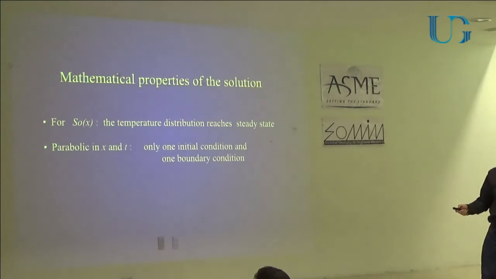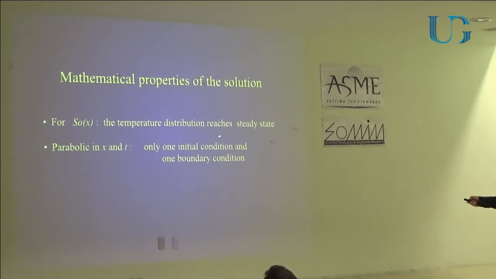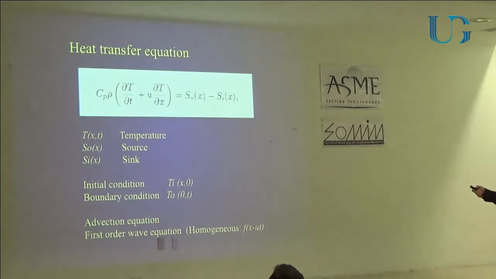Now, an interesting mathematical property of this solution is that if the source does not depend on temperature, then the temperature distribution reaches a steady state. And this you can see very easily from here. If this term does not depend on time, remember we don't have this one, then we can look for a solution that is not dependent on time.